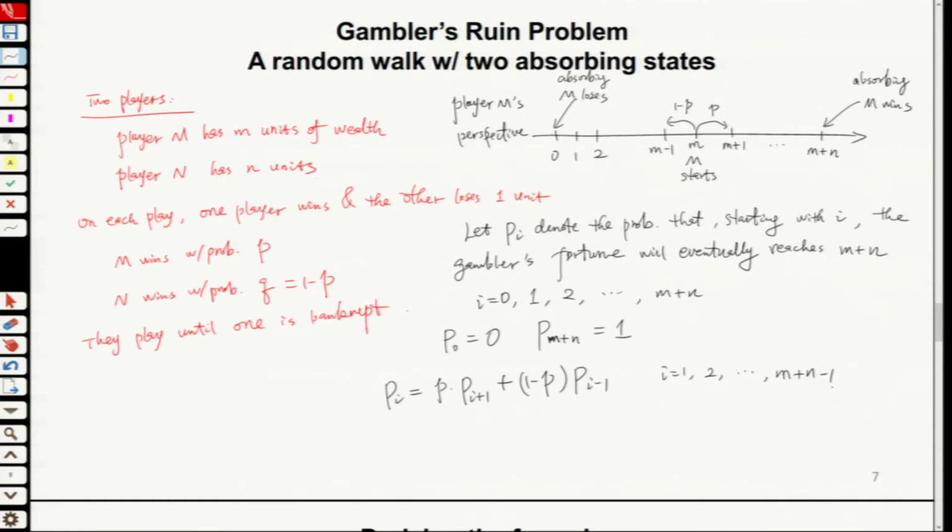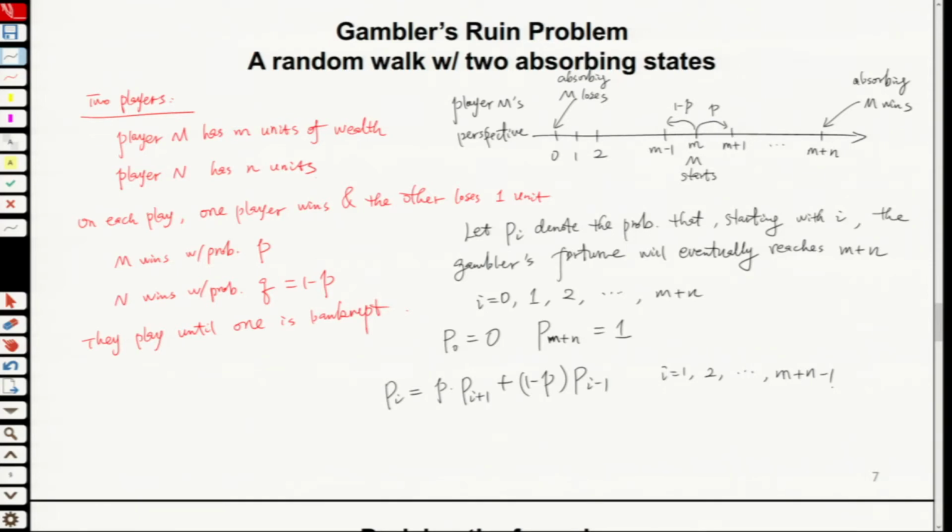Because here, what does this denote? This denotes the person starts from I plus 1, then reaches m plus n. This denotes the person starts from I minus 1, then reaches m plus n. This denotes the person starts from I, and then reaches m plus n. So if starts from I, has a probability to go to I plus 1, then what's the probability to reach m plus n from I plus 1? So given the two possibilities, then you still reach m plus n. So this is the total probability rule.